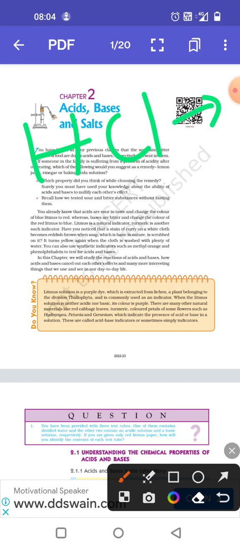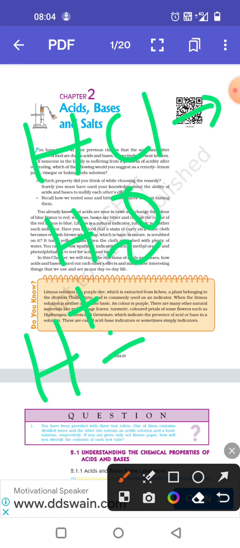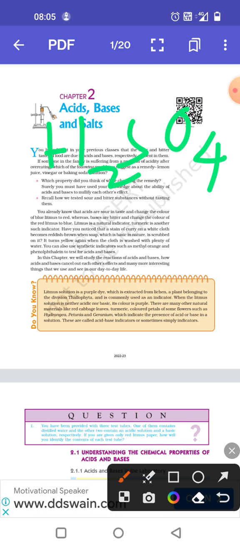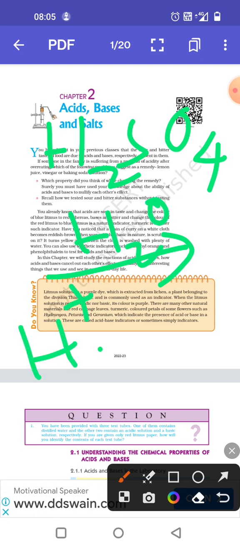Hydrochloric acid in aqueous solution, that means in water, gives rise to H plus ions plus Cl minus ions. Similarly, another acid, H2SO4, that is your sulfuric acid. This sulfuric acid in aqueous solution gives rise to H plus ions with sulfate ions.